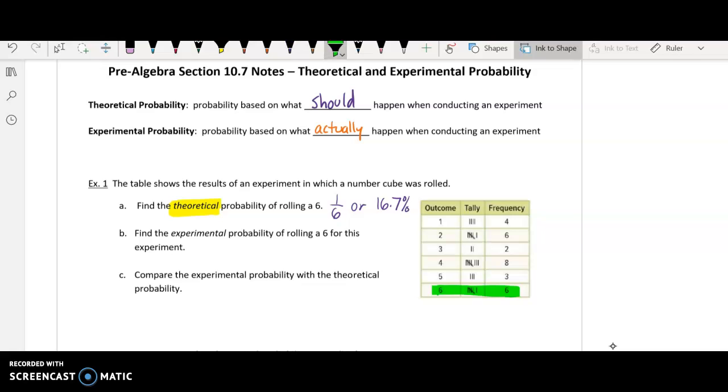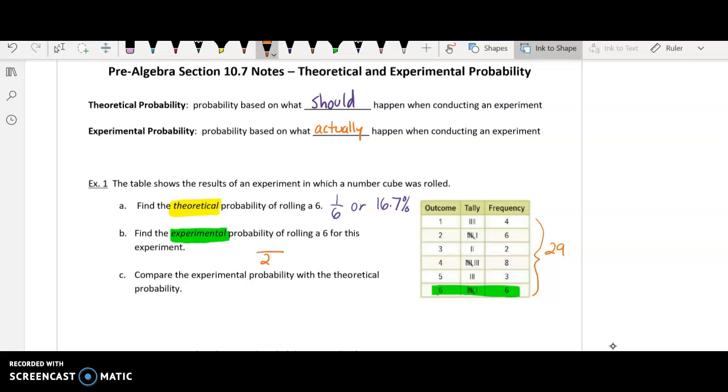And now we're going to look for the experimental probability of rolling a 6. So first, we're going to have to figure out, well, how many total times did we roll this die? And we can figure that out by adding up all of the different frequencies. So these are the number of times each number was rolled. So if I add these all up, I'll find that we rolled the die 29 times.